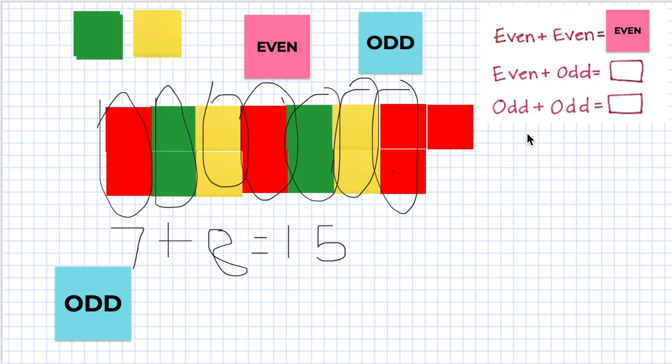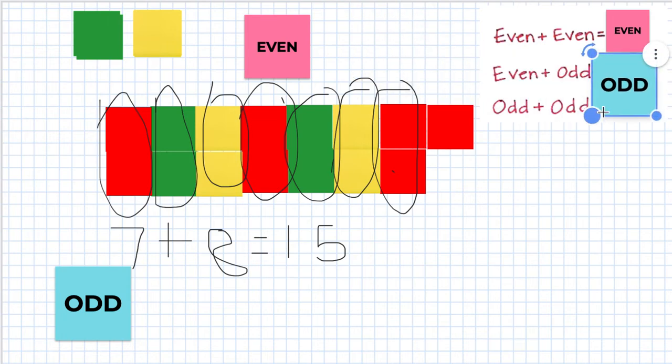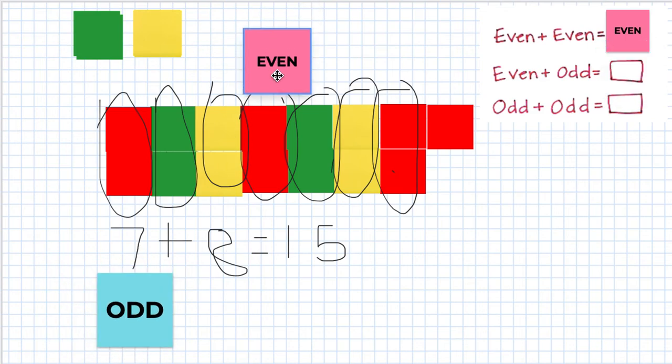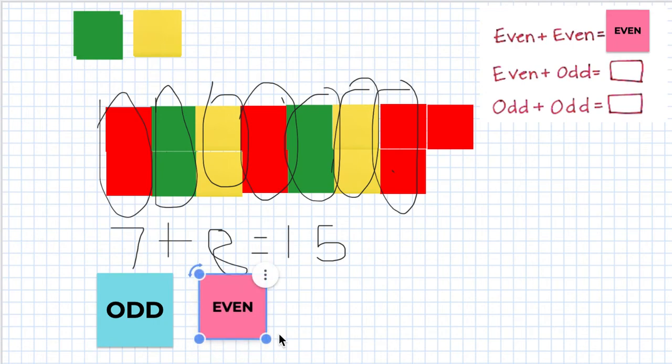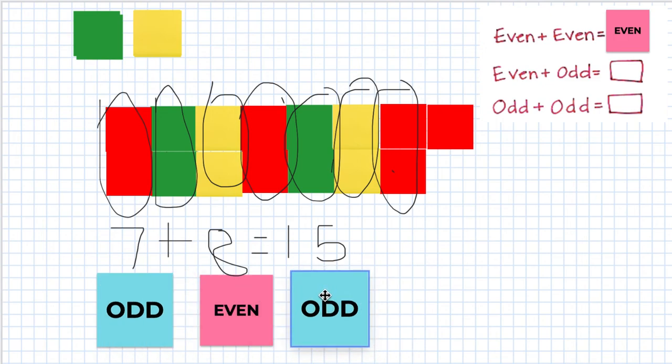So if there's 1 left over and I can't count by 2s, I know that it's an odd number. So an even number plus an odd number is going to give me an odd total or sum. So 7 was an odd number, 8 is an even number, and the sum, 15, is an odd number.